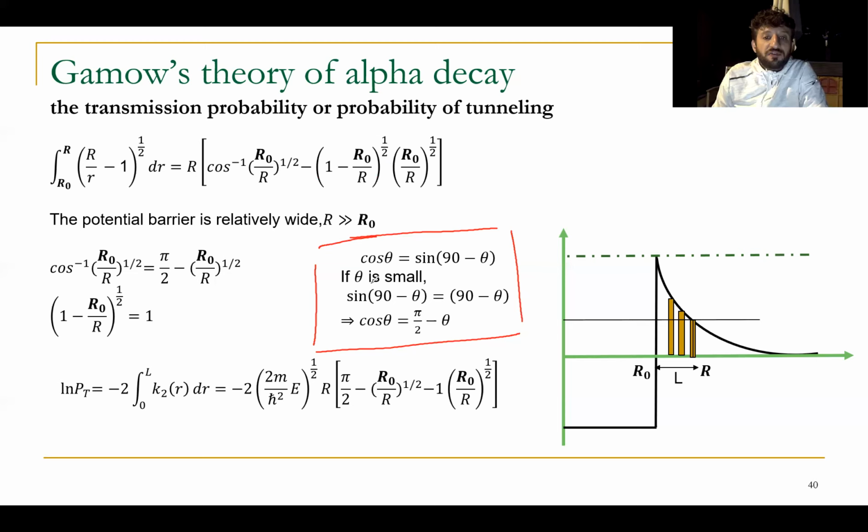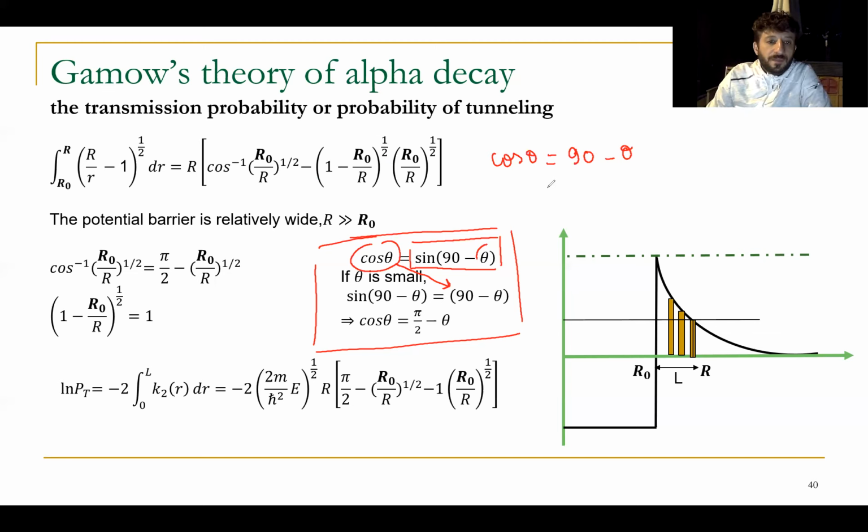If theta is small, sine of 90 minus theta is approximately 90 minus theta, so cosine theta equals 90 minus theta if theta is small.